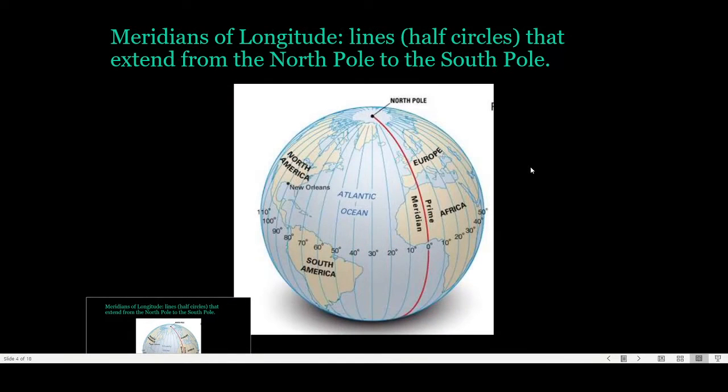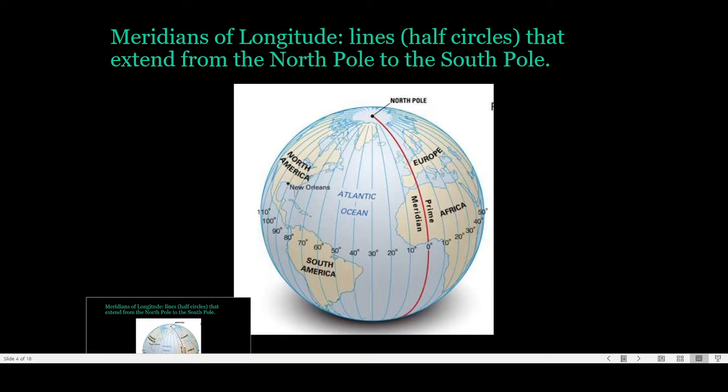Moving on to meridians of longitude, these are lines, half circles, that extend from the North Pole to the South Pole. The lines extend in a north to south direction, and their distance is measured in degrees, as you can see, but they are designated in a different format.